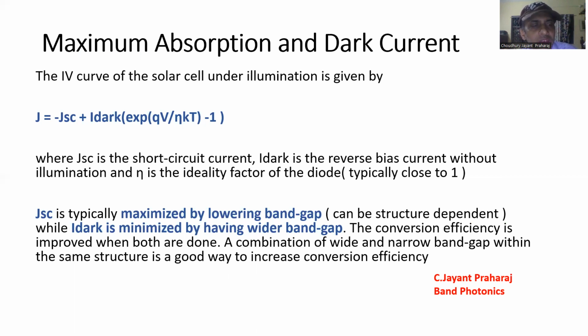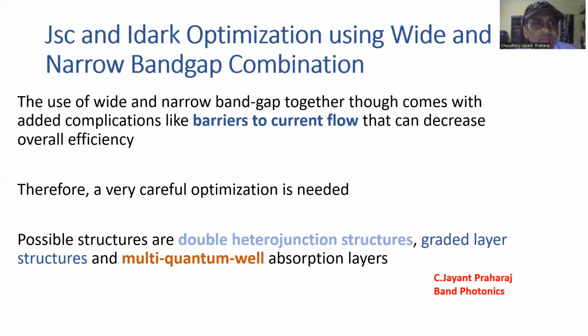That is a way to achieve these dual goals of maximizing the short circuit current and minimizing the dark currents. Now, the ideality factor depends on things like dislocation recombination, and that is a function of the epitaxial layer and the substrate material, etc. And those things need to be kept in mind as well in order to get the maximum solar cell power conversion efficiency.